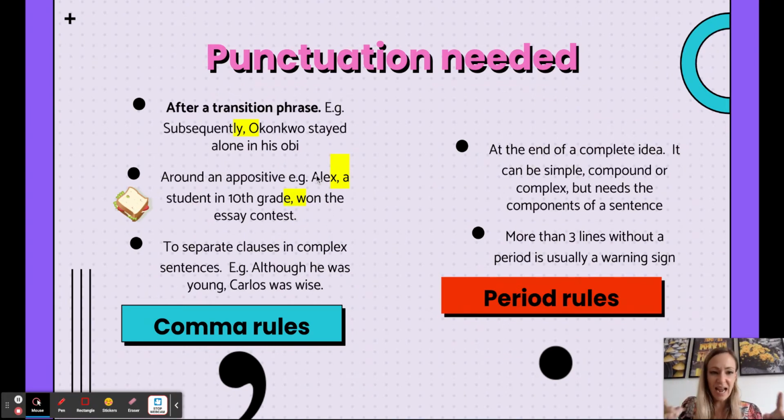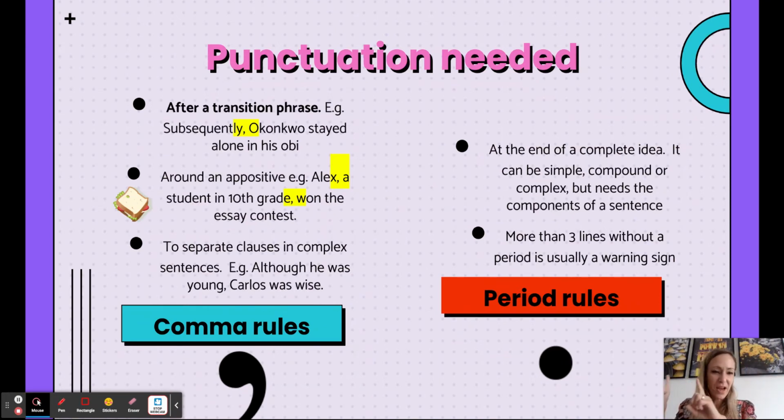I could just say Alex won the essay contest, but I'm afraid you don't know who Alex is. So I want to give you an explanation. That explanation needs to be sandwiched in between two commas on the side because I could pluck it out and make it a perfectly good sentence, but I want to add those details, commas on both sides.